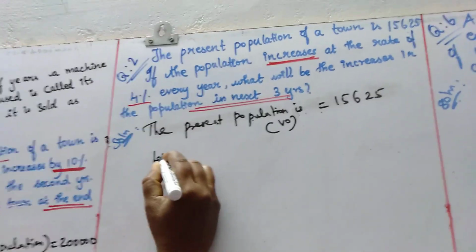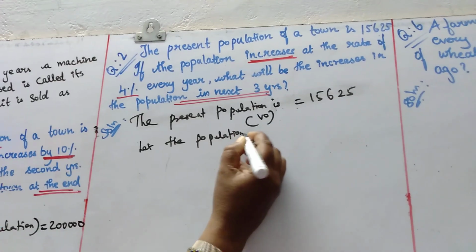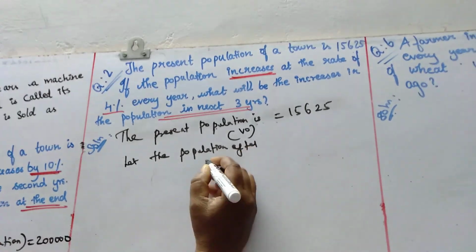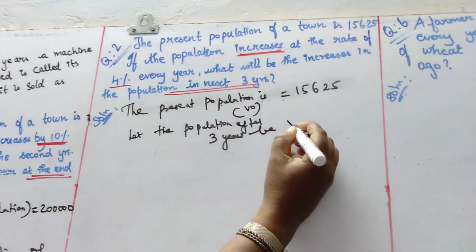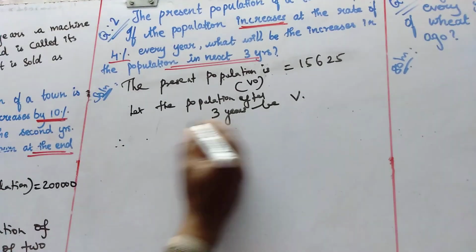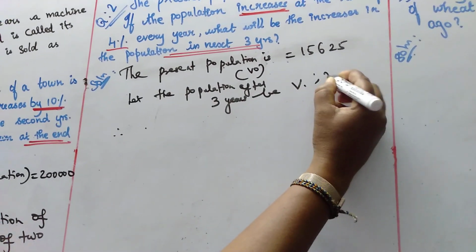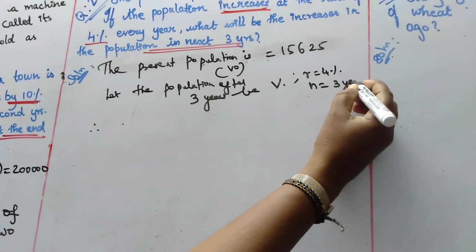Let the population after 3 years be V, right? So therefore, then what is given? Then R is equal to 4%, N is equal to 3 years, right?